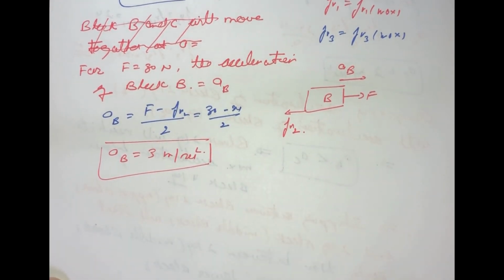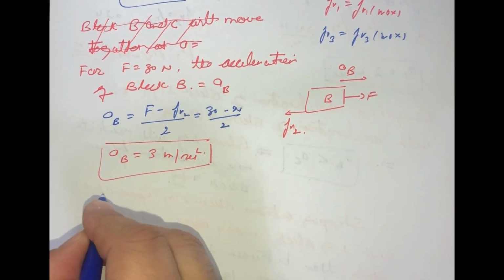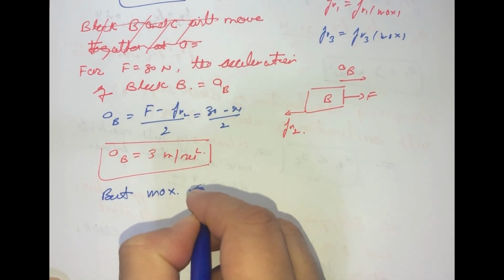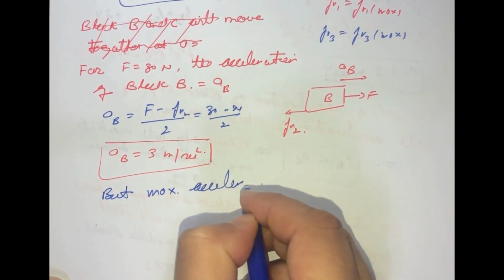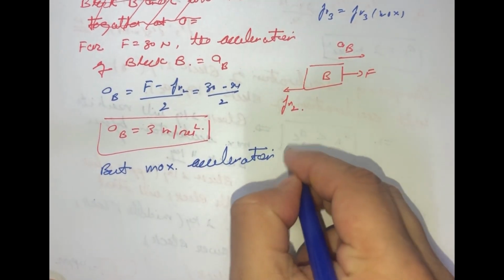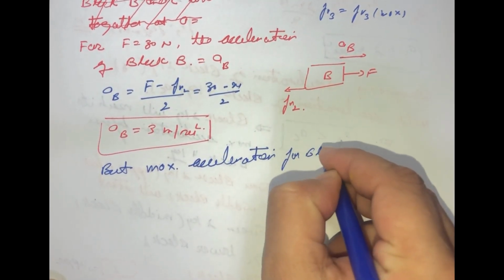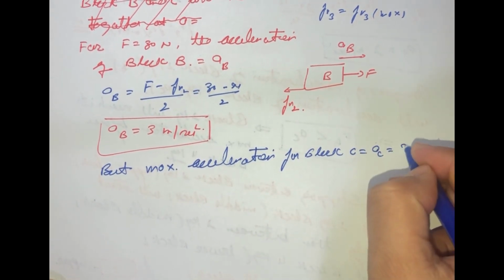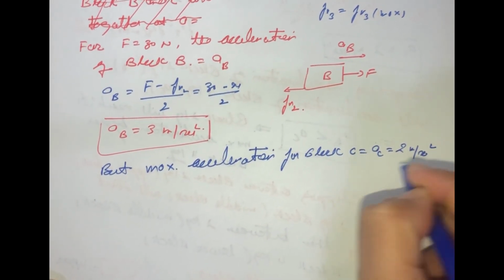But we already know that maximum acceleration for block C, AC, which is given as 2 meter per second square.